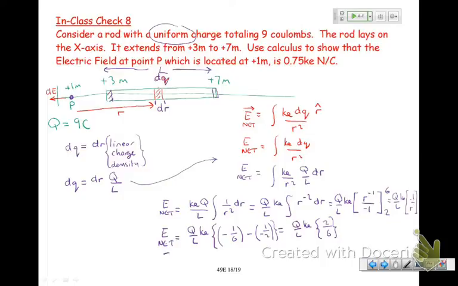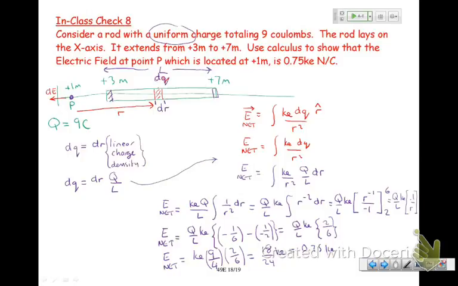Let's put all our numbers in now. Let's have a look. Q is equal to 9, k_e. 9 over, what's my L? How big is my L? 4. 7 minus 3 is 4. 9 over 4 times 2 over 6, which equals 18 over 24 k_e, which equals 0.75 k_e.